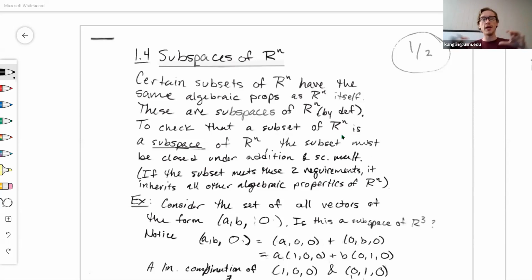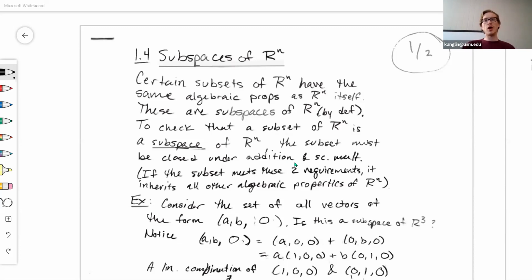It turns out if you define a very specific subset of Rn, not all of Rn, but you restrict and just look at some of it, and you find that that little subset you've defined is also closed under addition and scalar multiplication, that if you take any two elements in there and add them, they're still in that subset, or you take any element in that subset and multiply it by a scalar, and it's still in that subset.